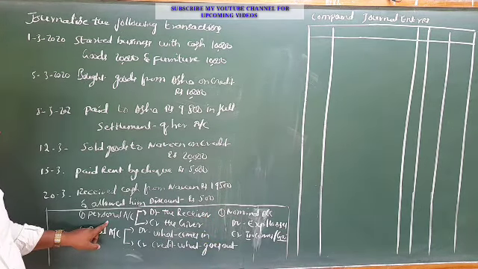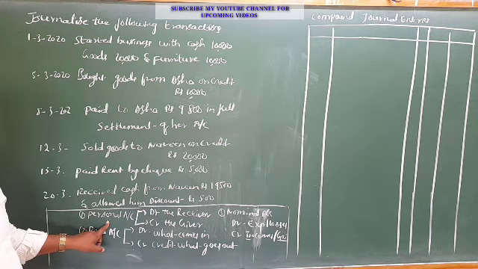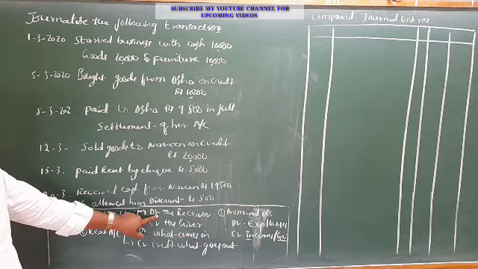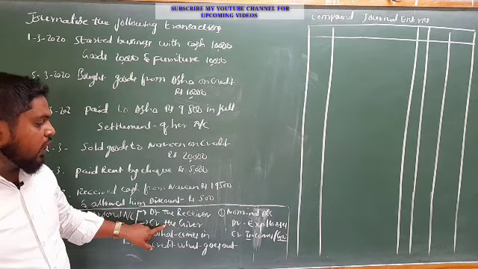So personal account is related to the names. So name of the person, name of the organization, name of the school, a college, a partnership firm. So rules: debit the receiver, credit the giver.